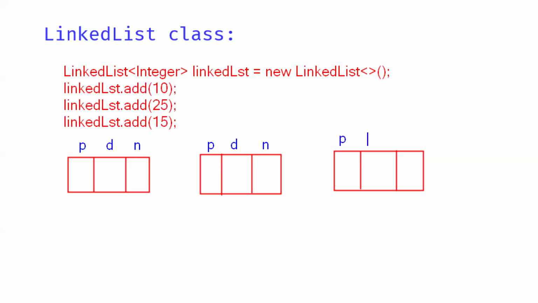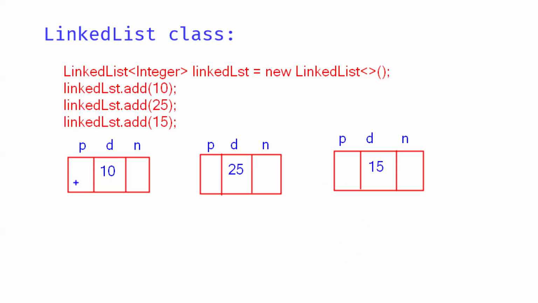Currently tell me how many elements I have added to the linked list? 3 elements. Means how many nodes are created? 3 nodes. First, let me add the data. What's the data here? 10. And what's the data over there? 25. And here the data is 15.